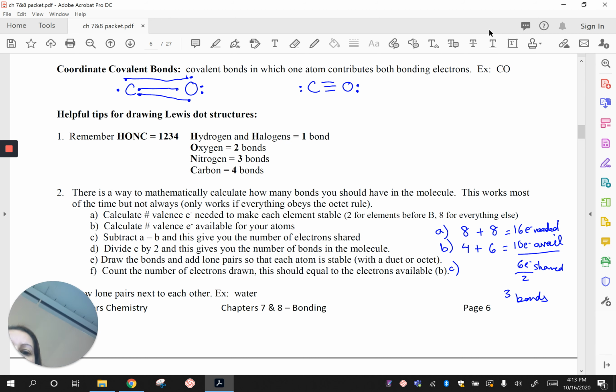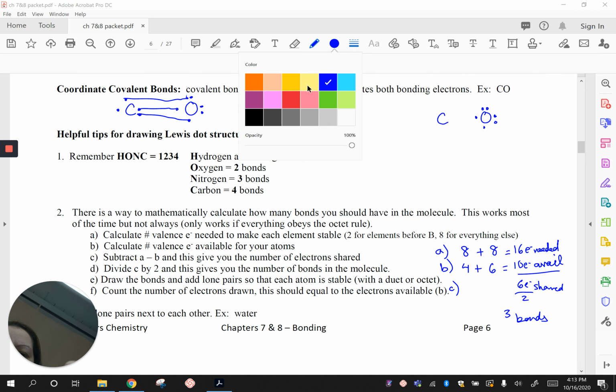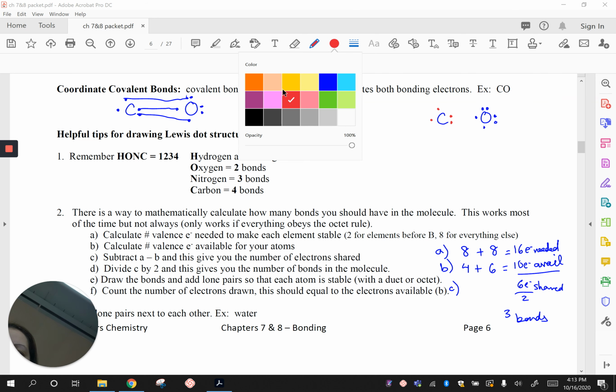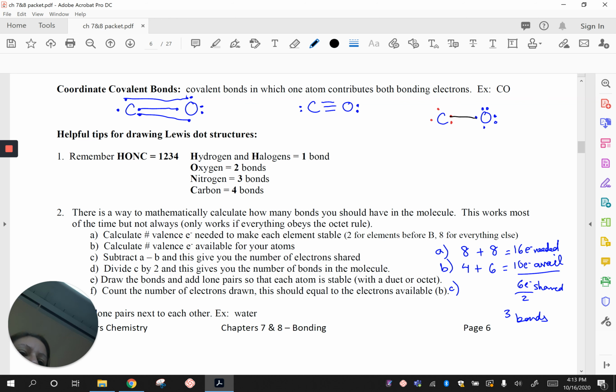So I'm going to redraw this. 1, 2, 3, 4, 5, 6. And I'm going to draw these with a different color maybe. Let's do red. 1, 2, 3, 4. Okay, so we're going to bond the first pair right here.